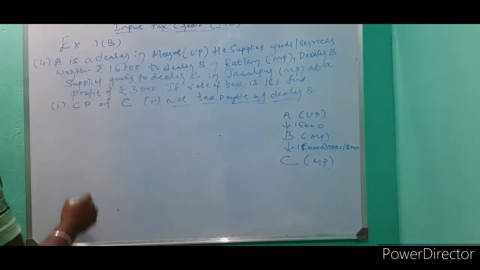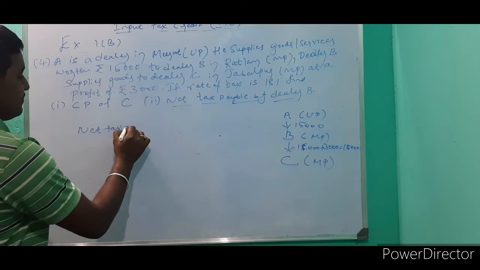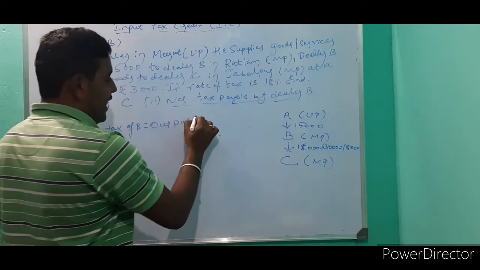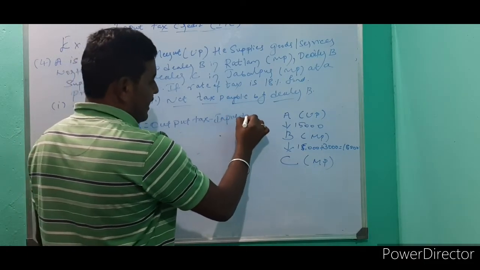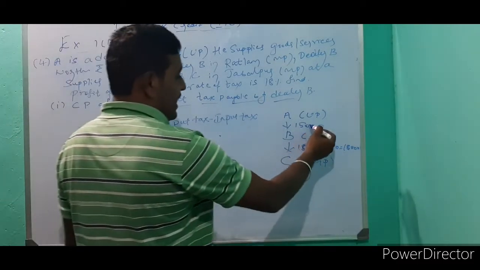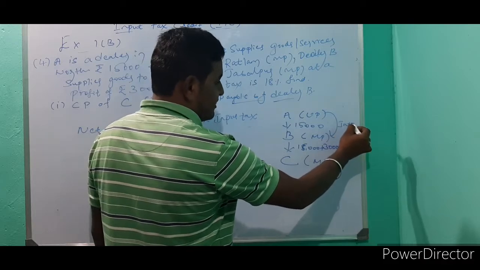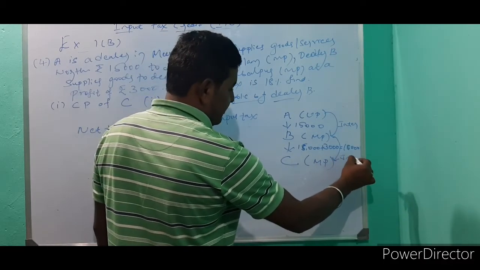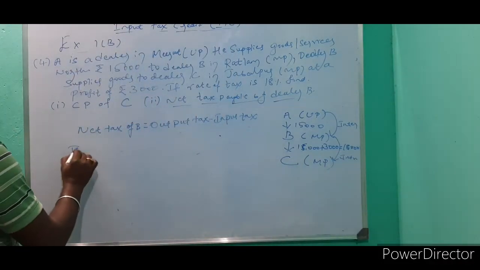So first we have to find net tax payable by dealer B. Net tax payable by dealer B is equal to output tax minus input tax. So input tax, we know UP to MP means that is interstate. B to C means intrastate. So we want to find first input tax.